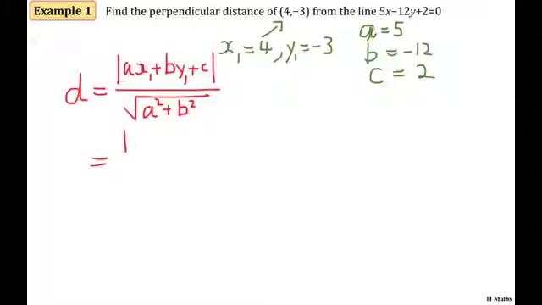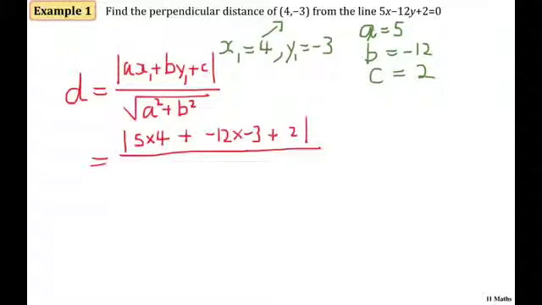We get the absolute value of, now a is 5, so it's 5 times x1 is 4, plus b times y1 will be negative 12 times negative 3, plus c, which is 2, all over the square root of a squared, 5 squared, plus b squared, which is negative 12 squared.